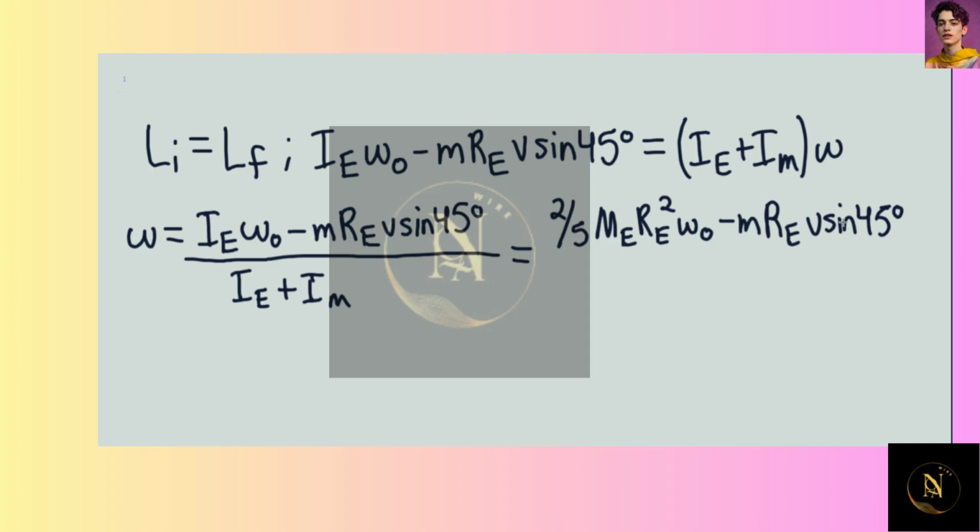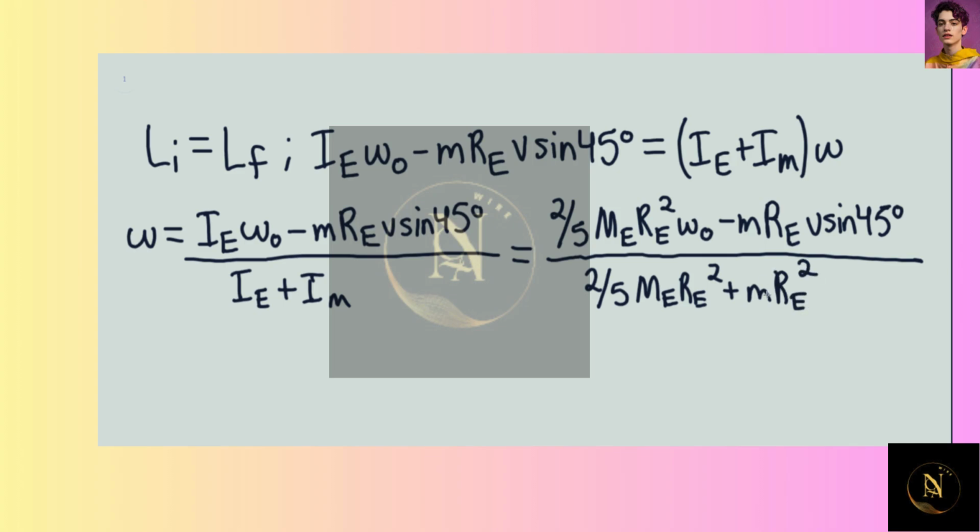And so this would be divided by 2/5 times m sub e r sub e squared plus m r sub e squared.